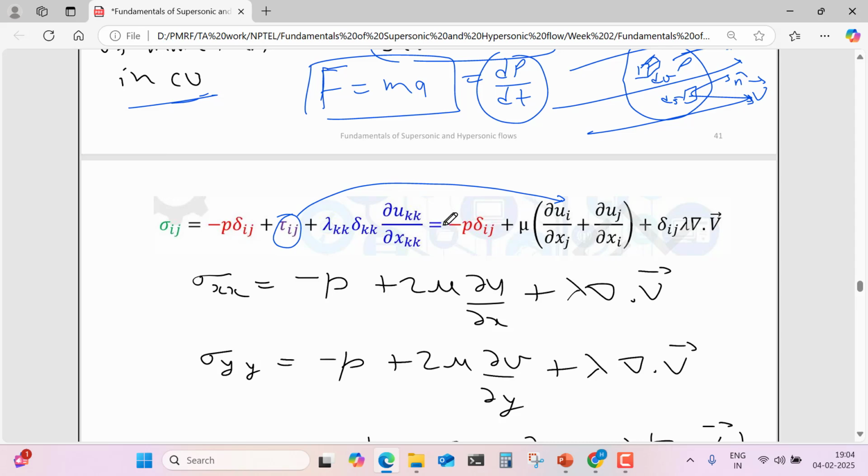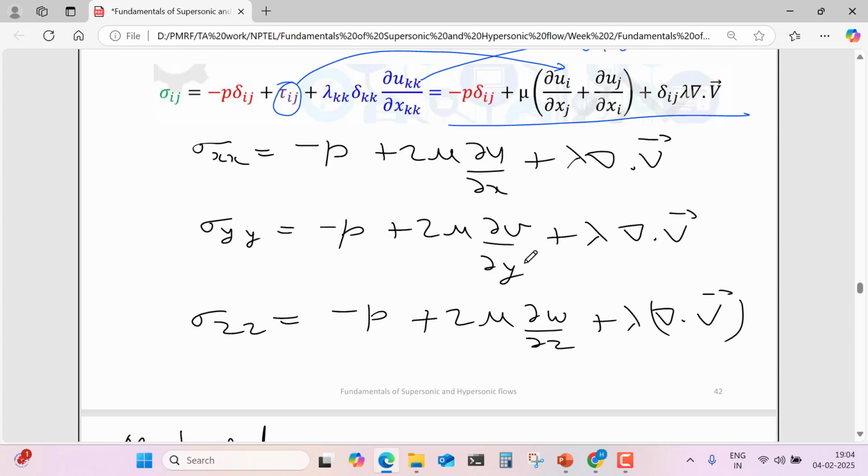If you see this, dou u kk upon dou x kk is nothing but the divergence of velocity. So it can be written in this form also: minus p delta ij plus mu times dou ui upon dou xj plus dou uj upon dou xi plus delta ij lambda del dot v.